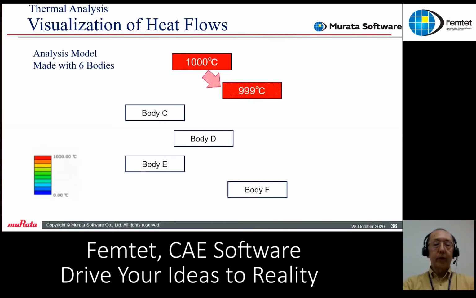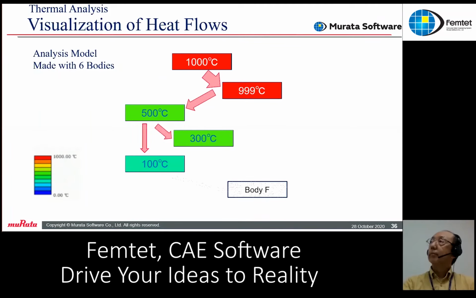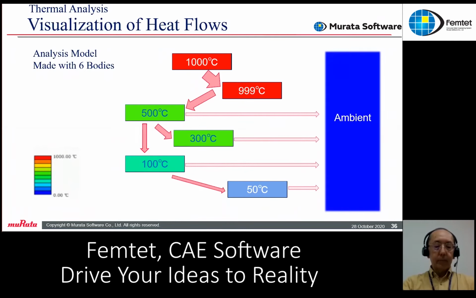The heat is flowing to the next bodies like this, and the heat is flowing to the ambient as well. Like this, you can visualize the heat flows by this tool.